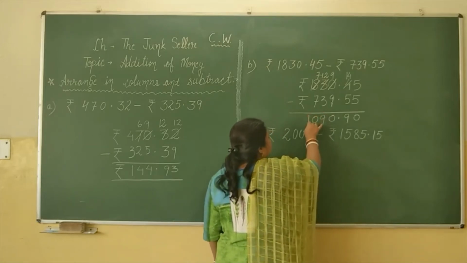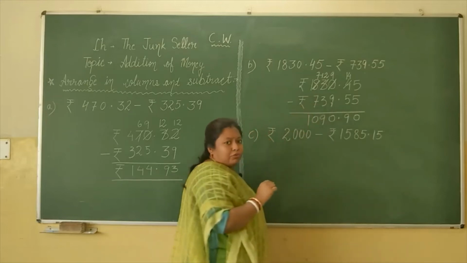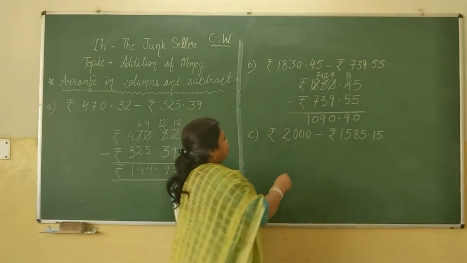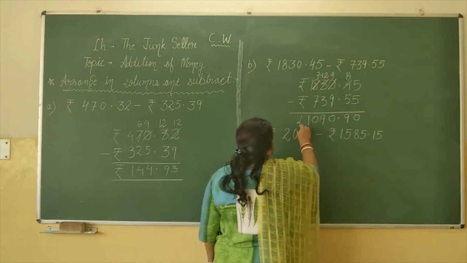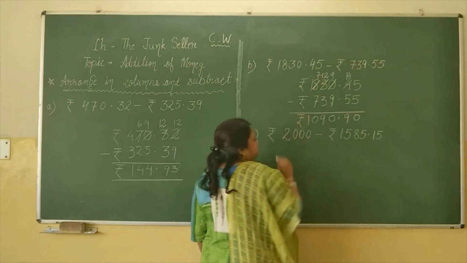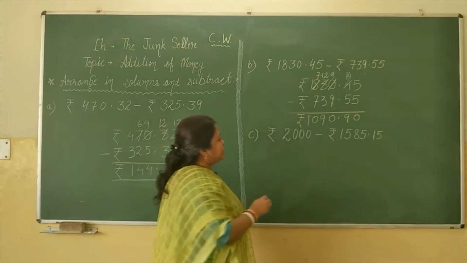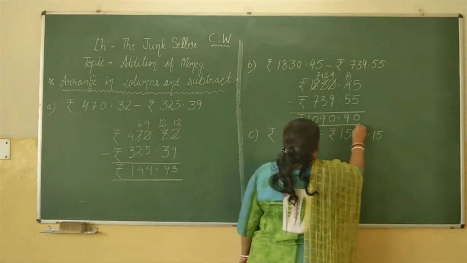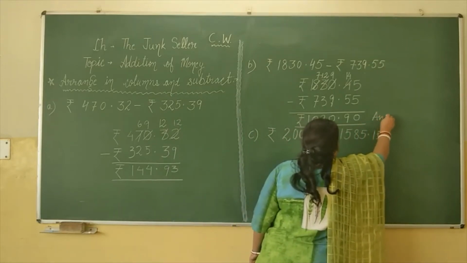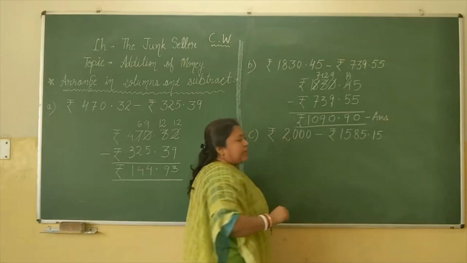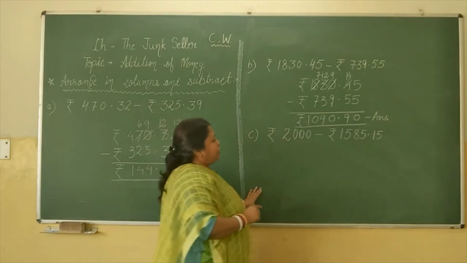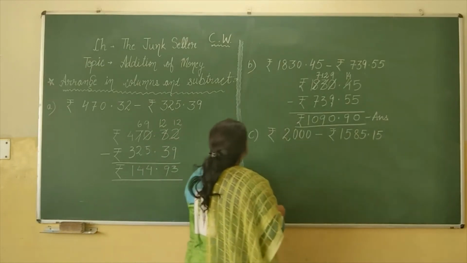And here below 1 there is no digit, so we take it as 0. So 1 will come here. Okay dear children, 1 minus 0 is 1. So this is our answer: 1090.90 is the answer of this example.